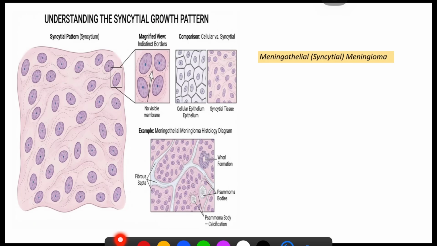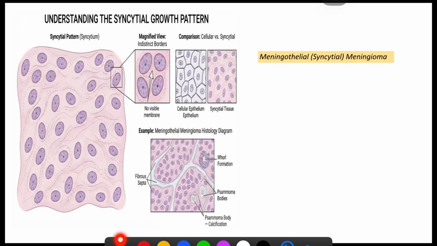Let's revise what a syncytium is. In a syncytium the cytoplasmic border is indistinct and no visible membrane is seen. If you compare with epithelium, you can identify a cytoplasmic border there, whereas in a syncytium there is no border. This is an example of meningothelial meningioma, where multiple solid areas of cells show a syncytial pattern, and this is the fibrous septa.